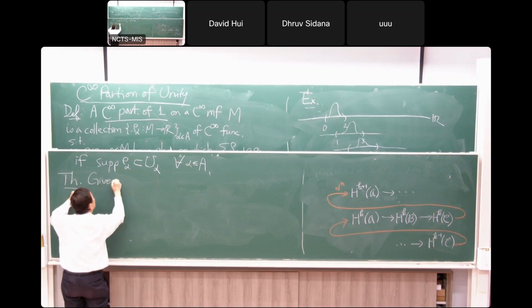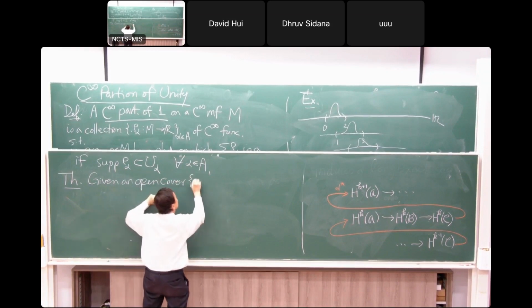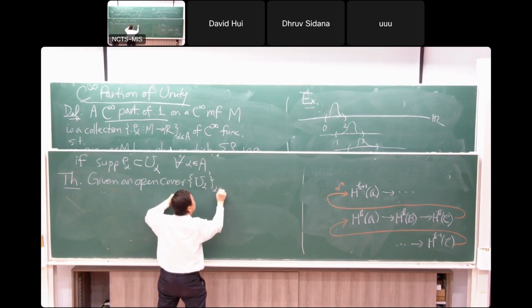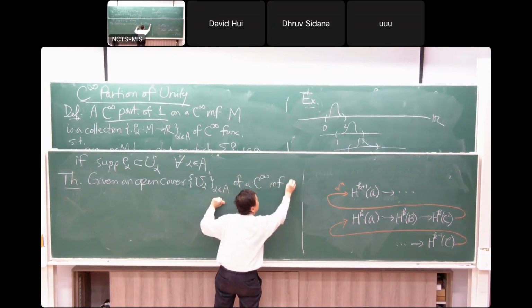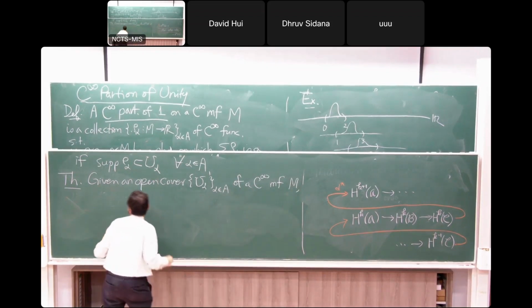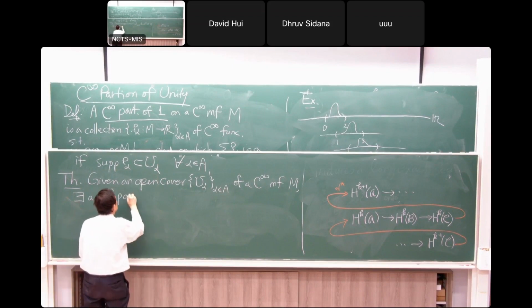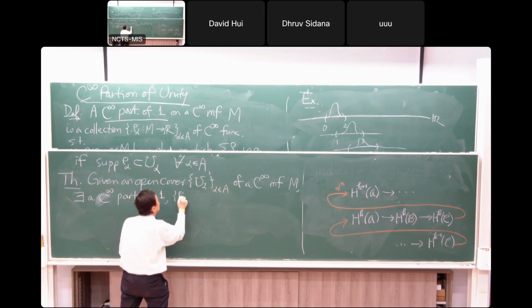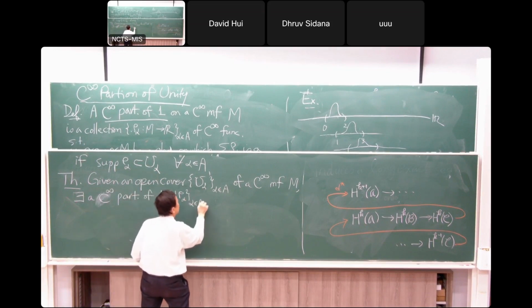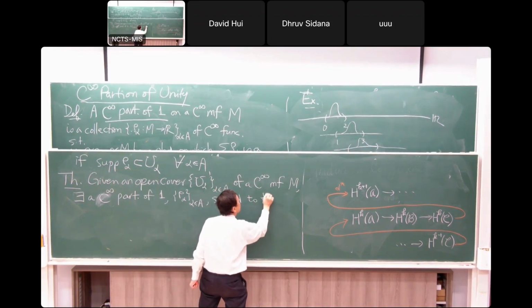Given an open cover U alpha of a C infinity manifold M, there exists a C infinity partition of unity rho alpha subordinate to U alpha.